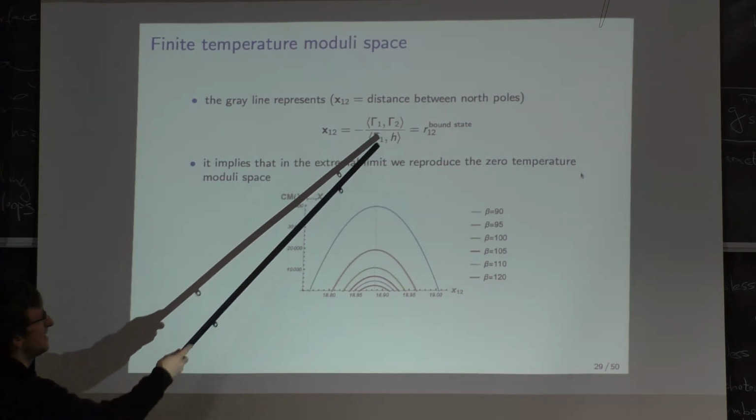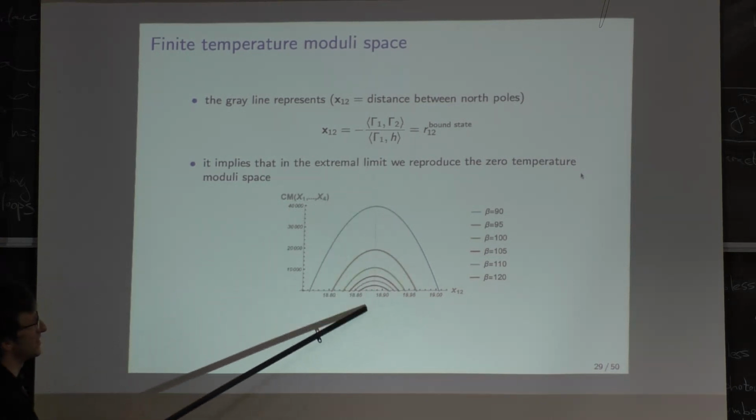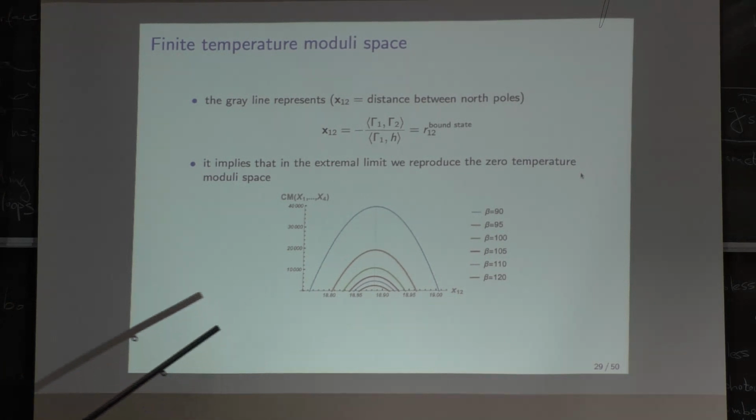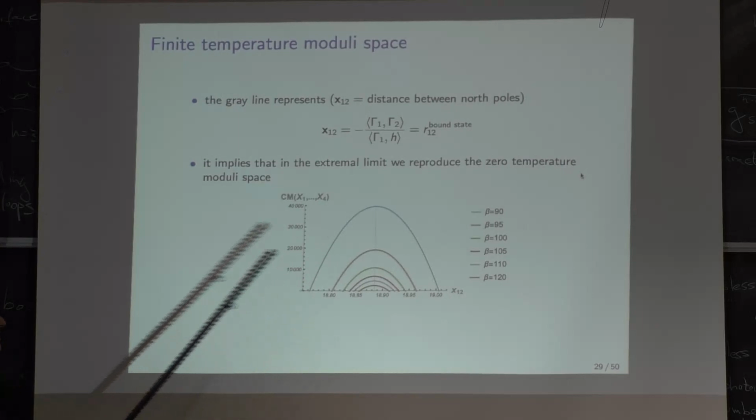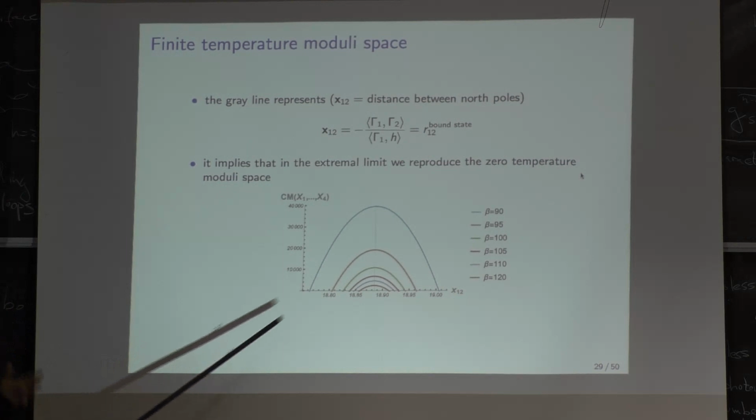And now you can see that this moduli space of solutions nicely lies on this gray line. What you're going to find from this is a natural consistency condition that has to be satisfied, and indeed is satisfied, which is that if you now take a 0 temperature limit, you should reproduce the 0 temperature moduli space. And indeed that's what you find.